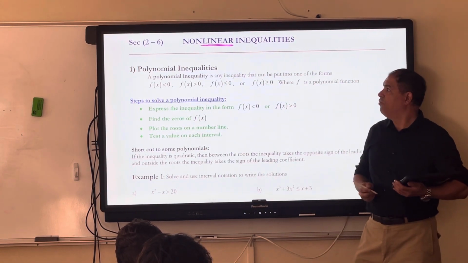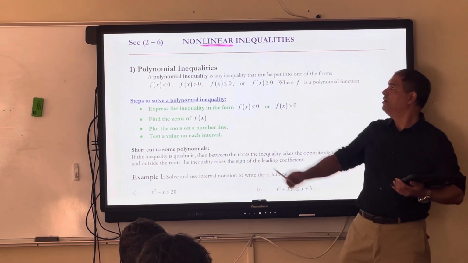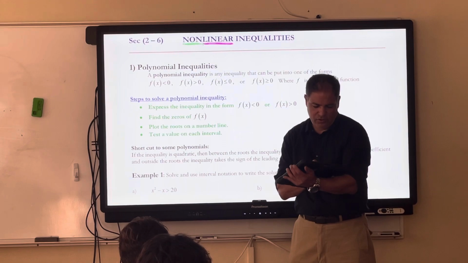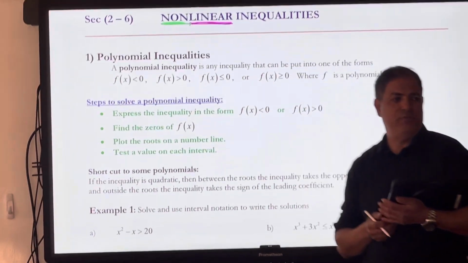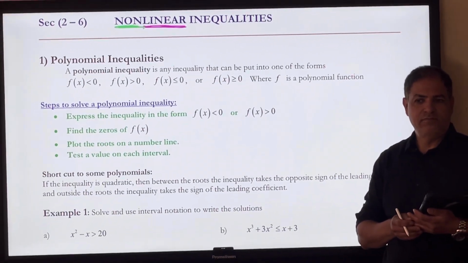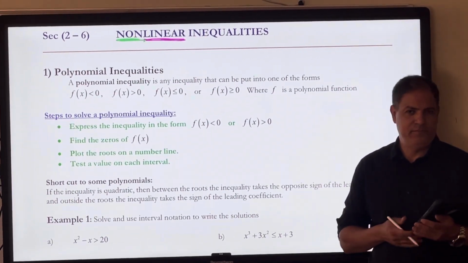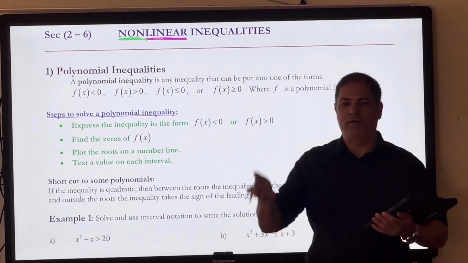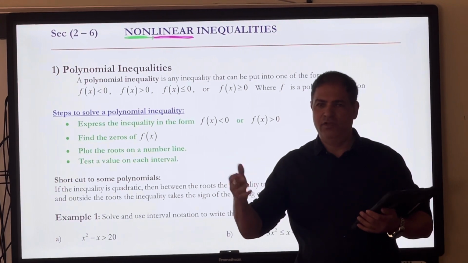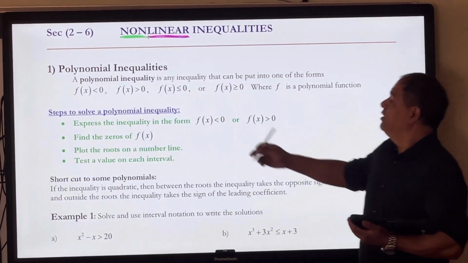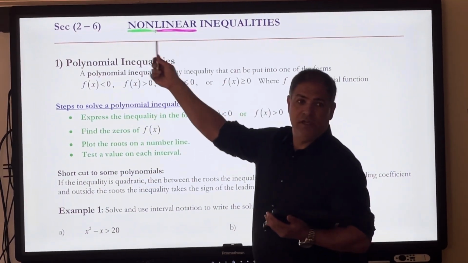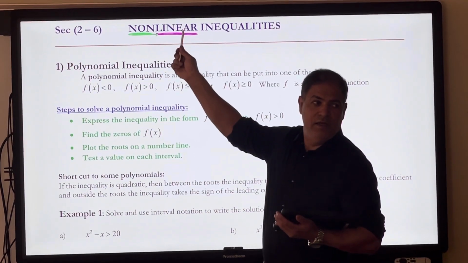So for an inequality to be non-linear, that means the degree has to be bigger than 1. So anything above 1. It could be 2, 3, 4, and so on. In that case, the inequality we're dealing with will be non-linear. It's not linear.